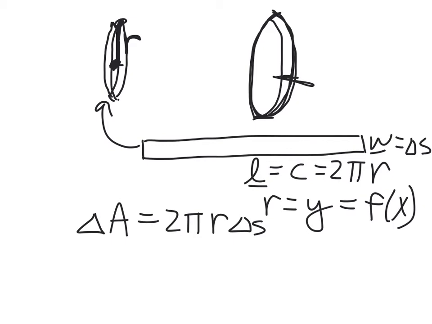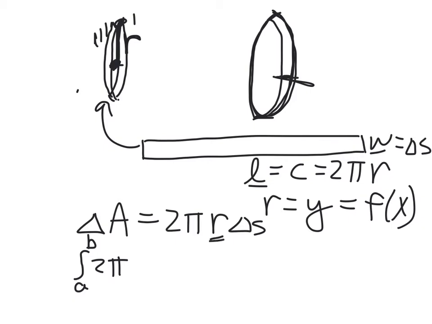And then as we add up all of the slices along that curve, our integral from A to B, theoretically, the summation of all these little slices, and as delta S or delta X approaches 0, we can turn it into this integral from A to B of 2 pi.